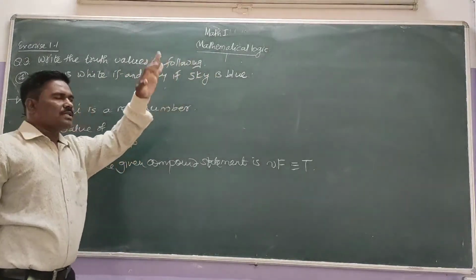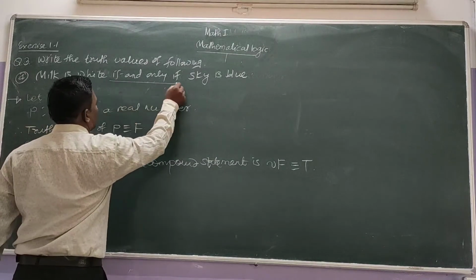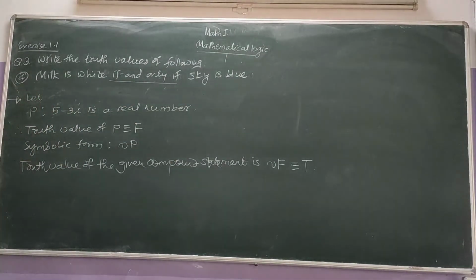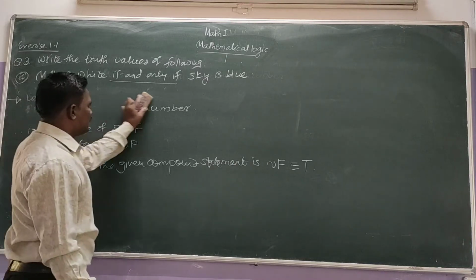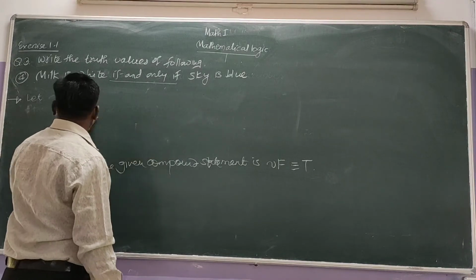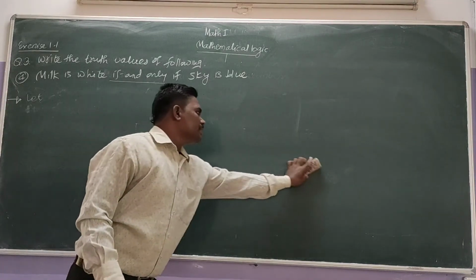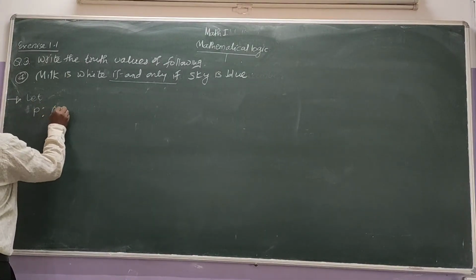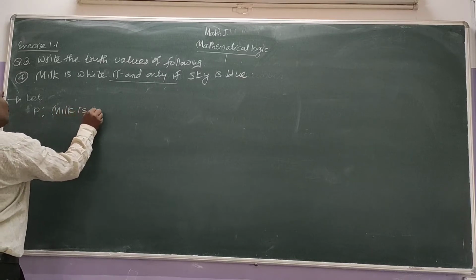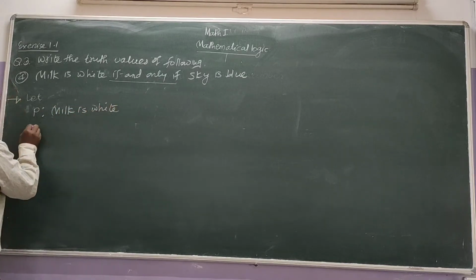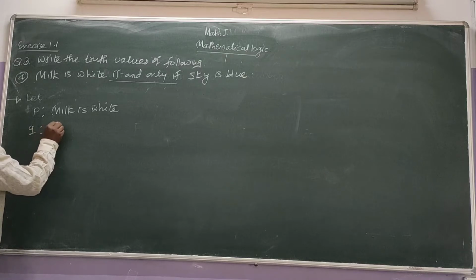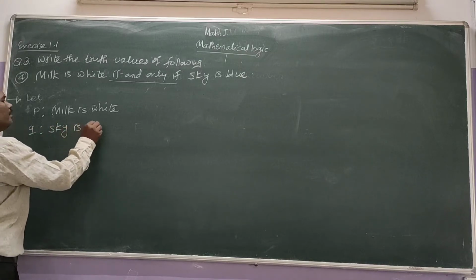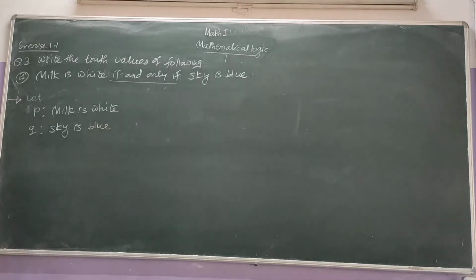Sky is blue, that is the second simple statement, joined by the connective "if and only if", and this connective is used in a biconditional statement. Firstly, I can write these simple statements in the form of p and q. Therefore, the first simple statement p is: milk is white, and second q is: sky is blue.